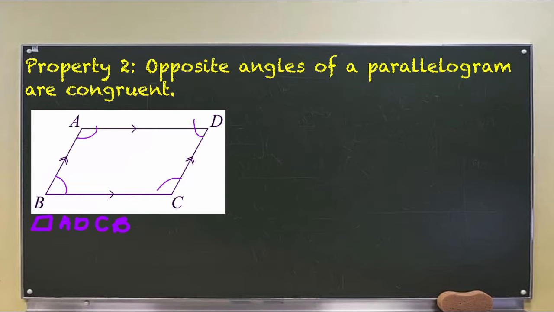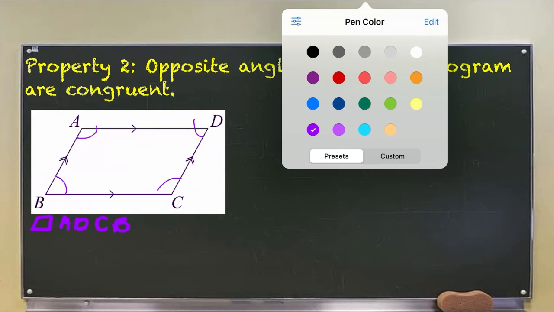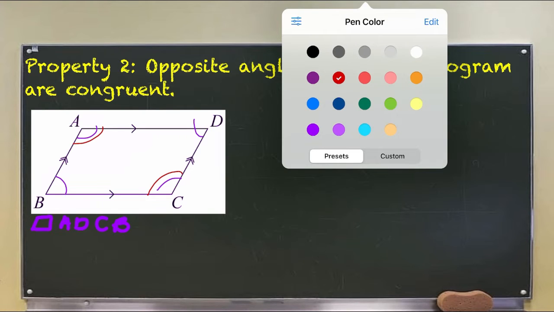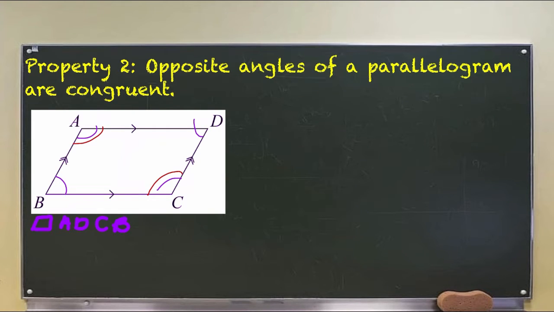Alin ba dito ang opposites? Pag sinabi nating opposite, they do not share a common side. So, ang A or ang BAD at ang DCB ay opposites. Therefore, they are congruent. Ang angle na to at ang angle na to. Isulat natin yon.